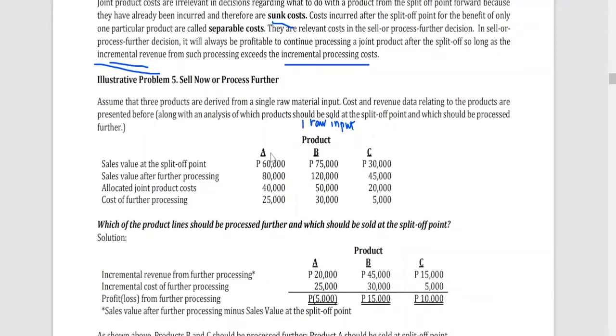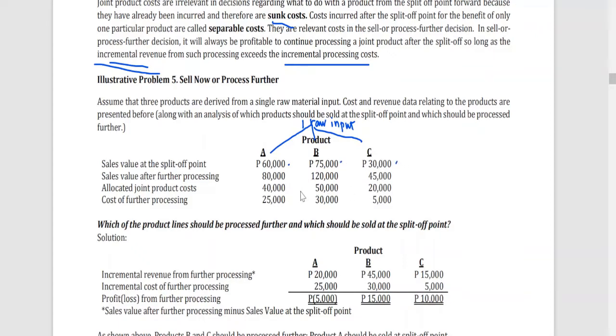So nahimo siyang product A, product B, and product C. Si product A, B, and C after the split off, pwede na siyang mabaligya as is. So, pwede na siyang saleable na siya. So, pwede na siya mabaligya. Mao ni siya ang iyahang selling price kung ibaligya na siya as is. So, for A, that's 60,000. For B, 75,000. And for C, 30,000.